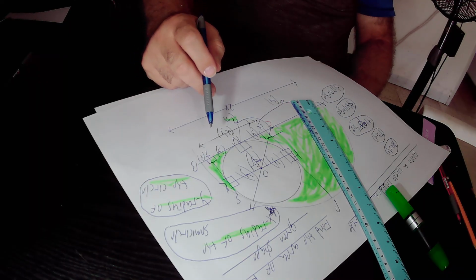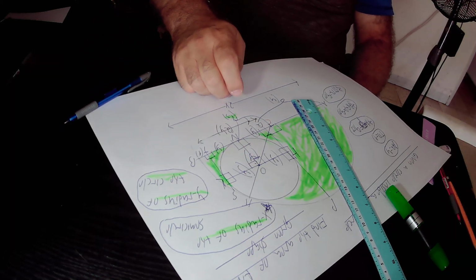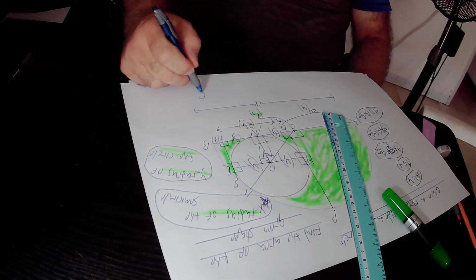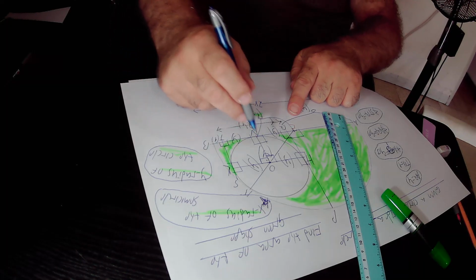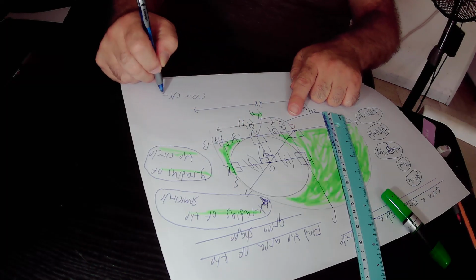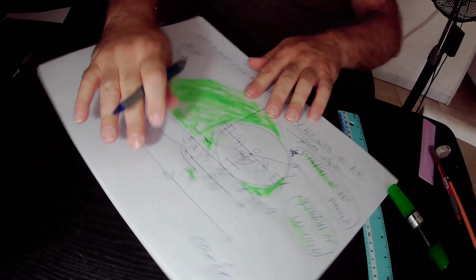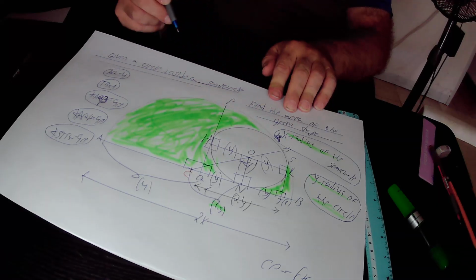What is the length of this line segment CO? Actually, CO equals CK minus OK. It's very easy to see from the drawing that CO equals CK minus OK.